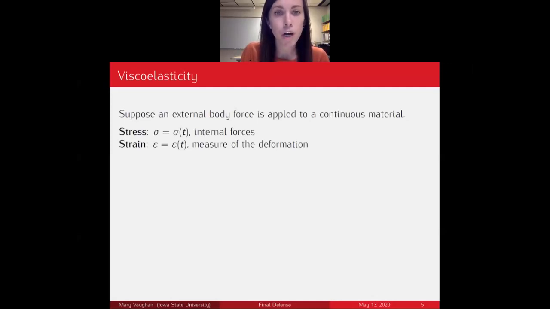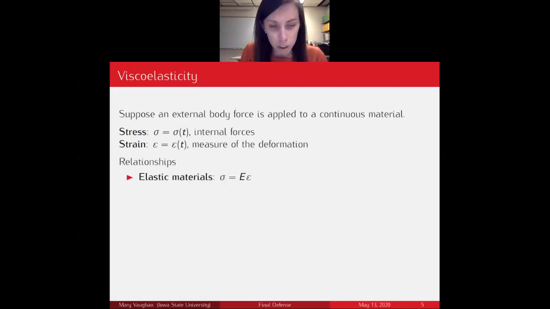When we want to model these materials, though, what's incorporated into the model is stress, which are the internal forces of the material, the particles holding it together and how they act on each other. So to go between what's observed experimentally and a mathematical model, we need relationships between stress and strain.